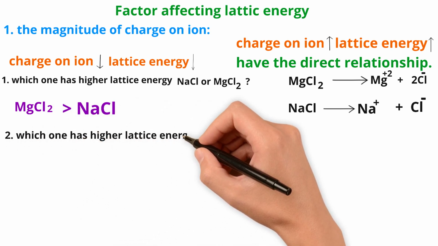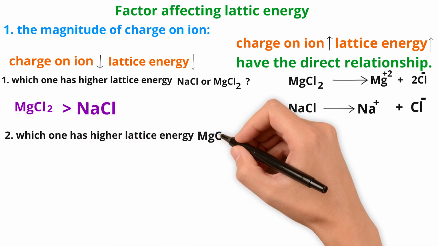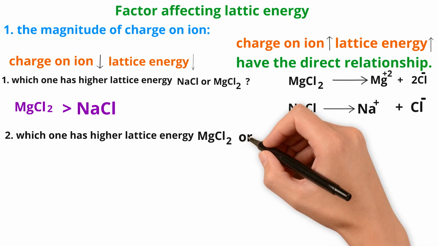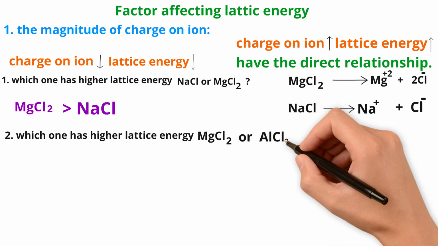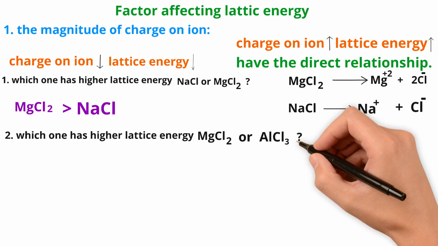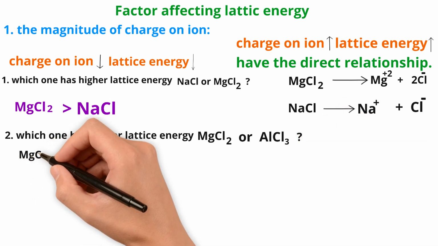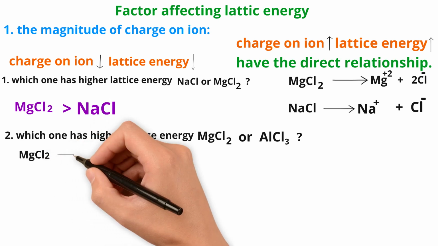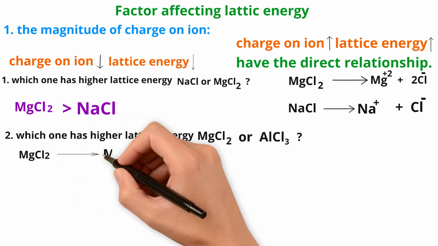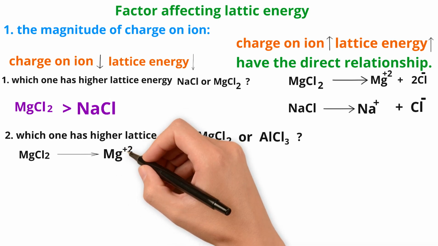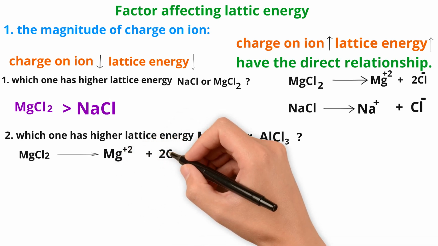Which one has higher lattice energy? Magnesium chloride or aluminum chloride? Again, try to answer it. Now, magnesium chloride, the oxidation number or the charge on the ions of magnesium is plus 2, and chloride has minus 1 charge.